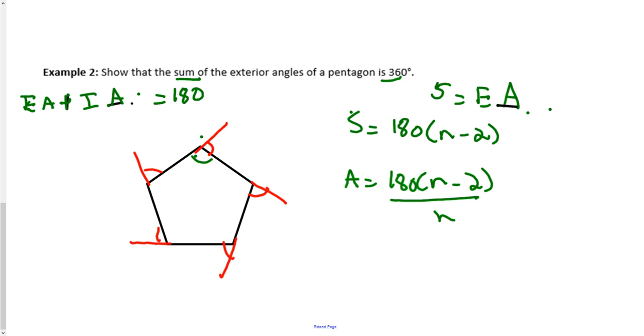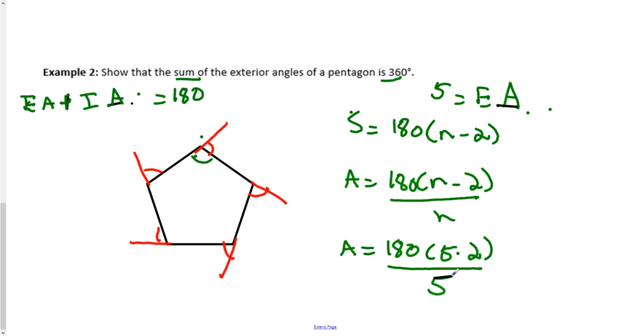So I know that an angle for any regular pentagon, or any regular polygon, period, is going to be 180 times 5 minus 2, because I'm dealing with a pentagon, so my n is 5, divided by 5. Now this time I'm not going to show all my work. I'm going to trust that you guys can just do this with your calculator.